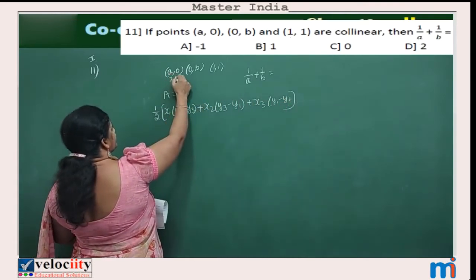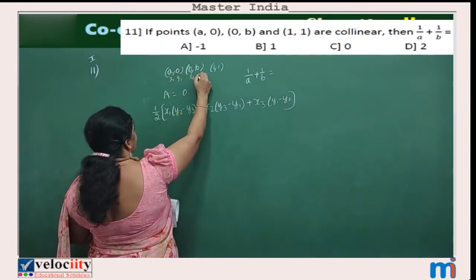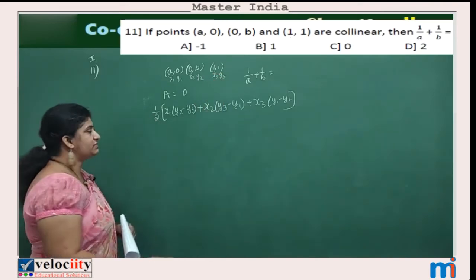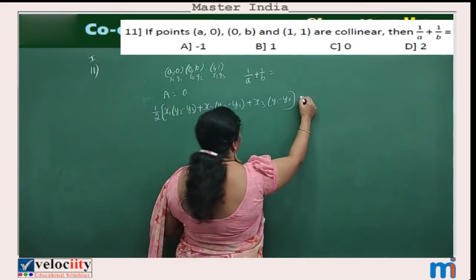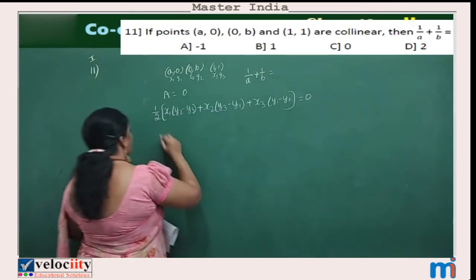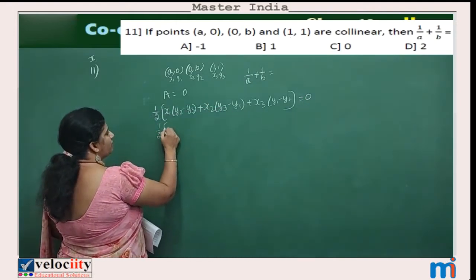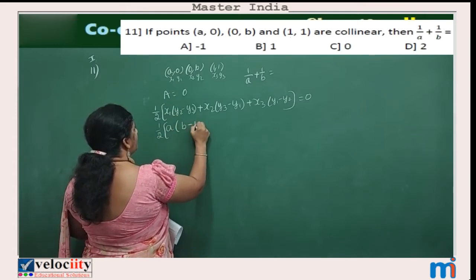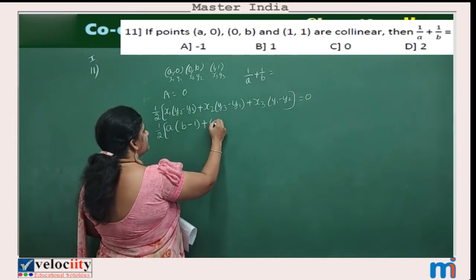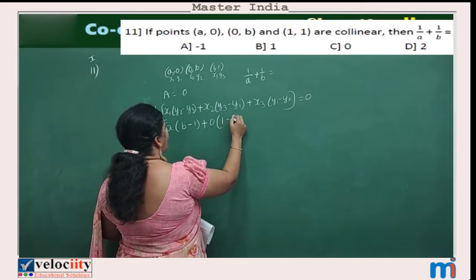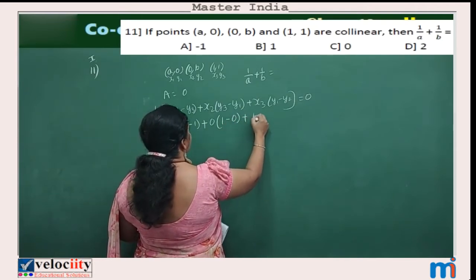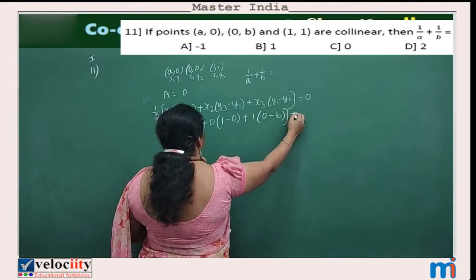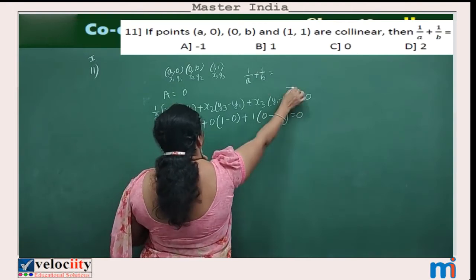Mark the coordinates as x1, y1, x2, y2, x3, y3. Substitute now and this area is equal to 0. Substitute the value: x1 A into (B minus 1) plus 0 into (1 minus 0) plus 1 into (0 minus B) is equal to 0.